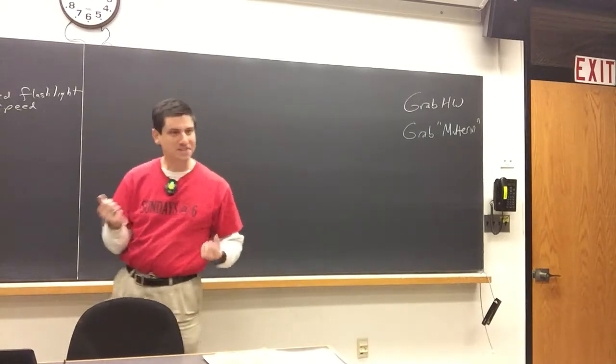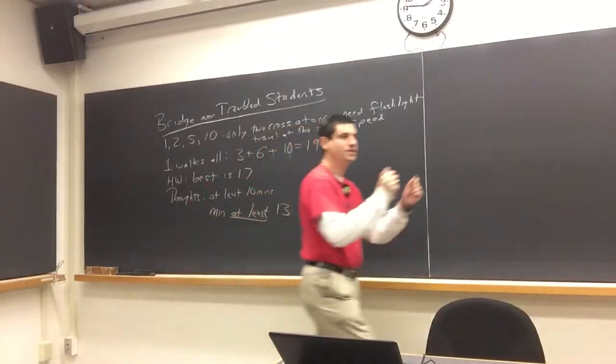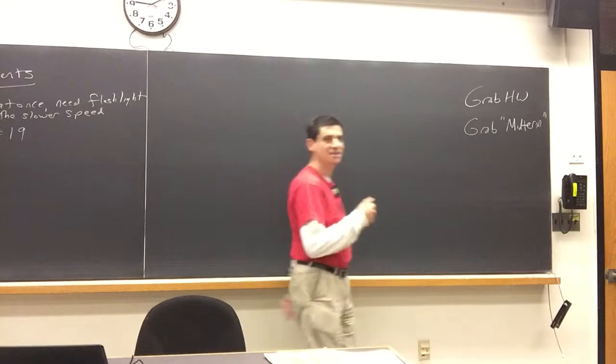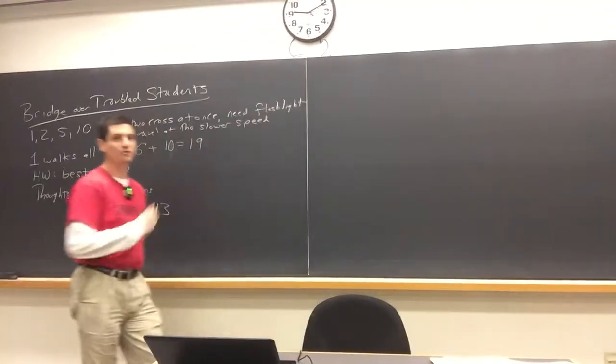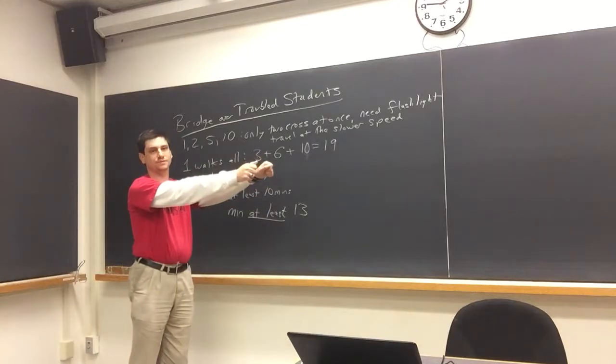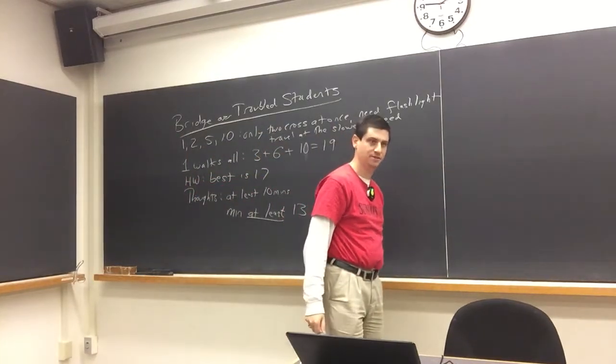We take the 2 fastest people, and the 2 fastest people go over together. Then one of them, it doesn't matter which one, stays on that side, and the other one returns with the flashlight. Then they send the 2 bad people over. Then the fast person who stayed on the other side can come back.